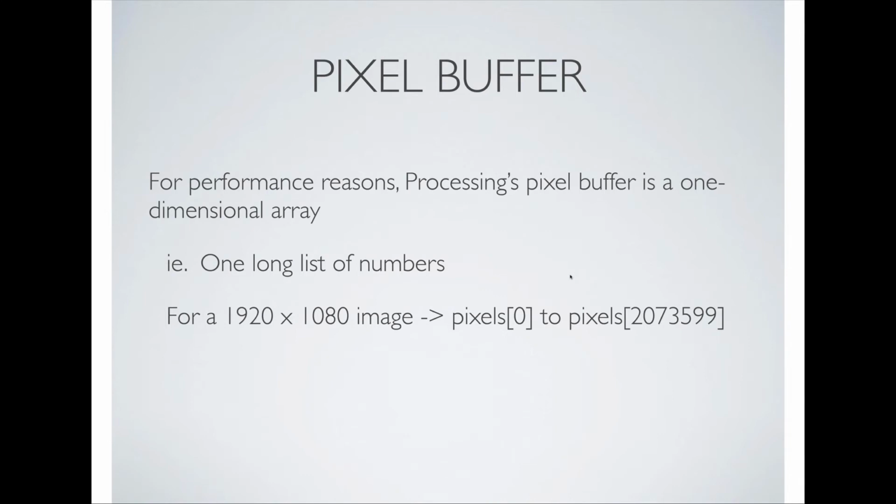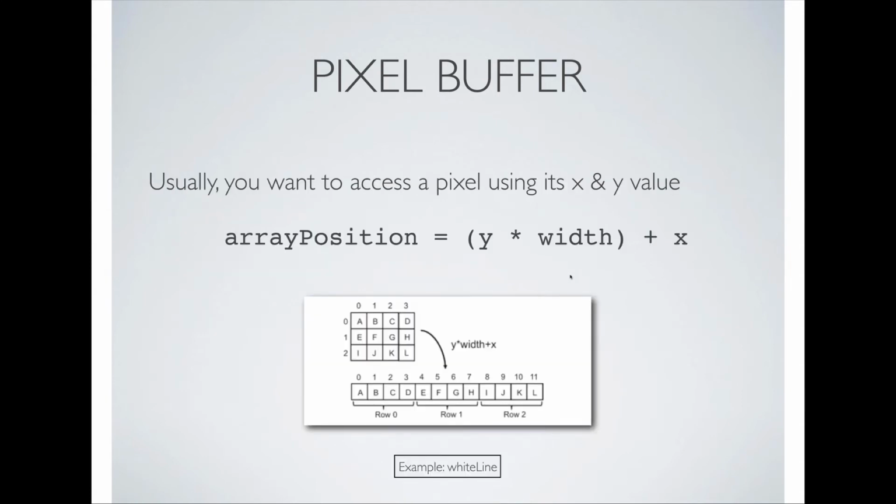Now, for performance reasons, Processing's pixel buffer is a one-dimensional array. So instead of us having an X value and a Y value, you could have a pixels array that was two dimensions, but it's a bit harder to do that, and it's slower. So instead, we just have a really long list of pixels, and we wrap them around to make an image. So here's an example of wrapping around.